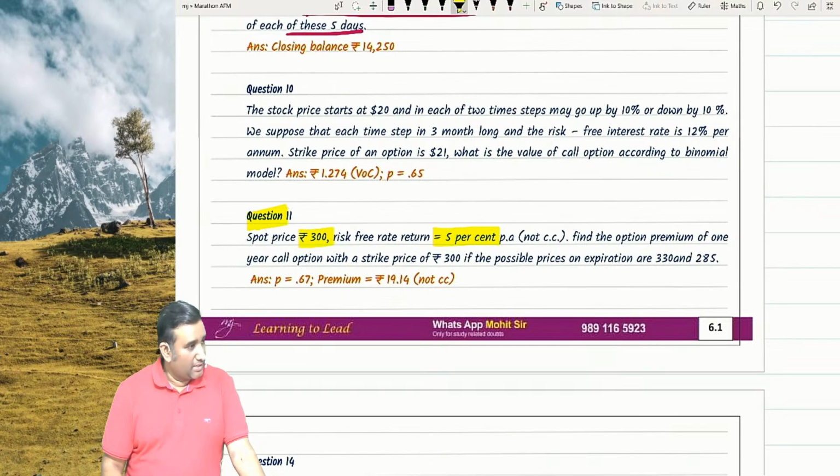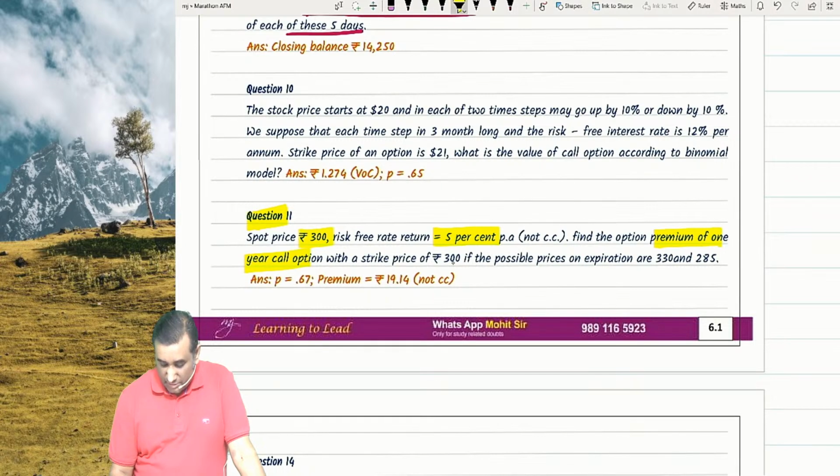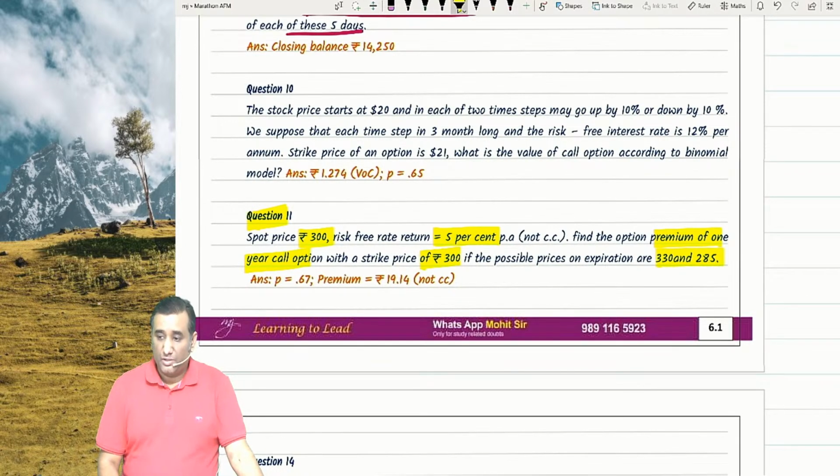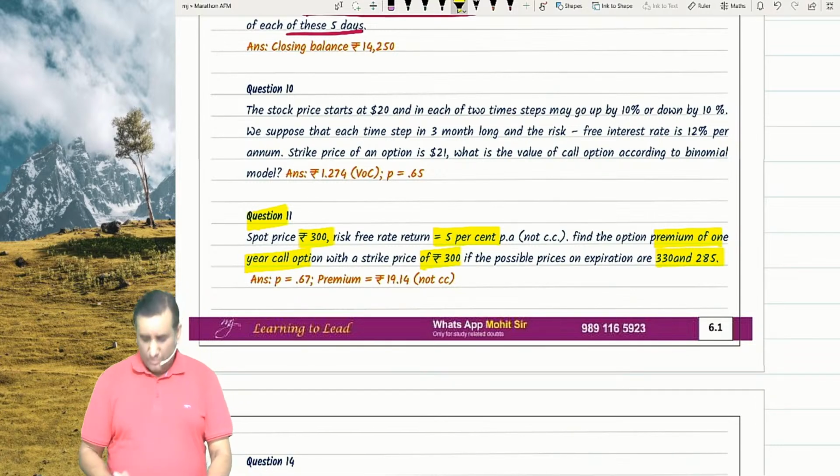It does not say to assume non CC. Find the option premium of a 1 year call option with a strike price of 300 if the possible prices are 330 or 285. So upside, downside, you have a normal way, whatever you've done, apply that only.